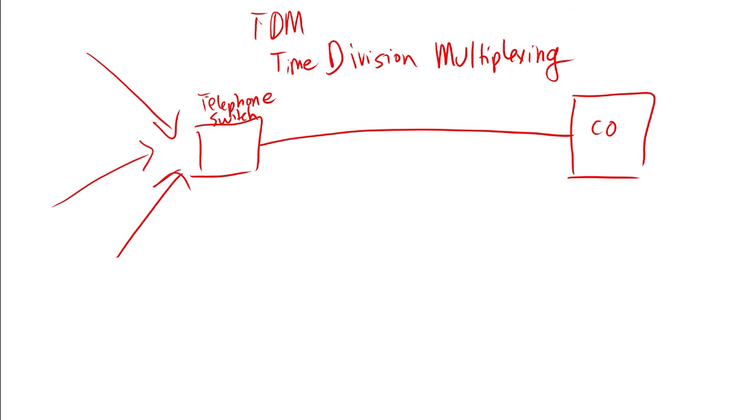I want to take all of this data from different sources and shove them down one line. How do I do that? And the answer is we do what's called time division multiplexing. So that means I'm getting a ton of data, but I don't need to listen to all of it.